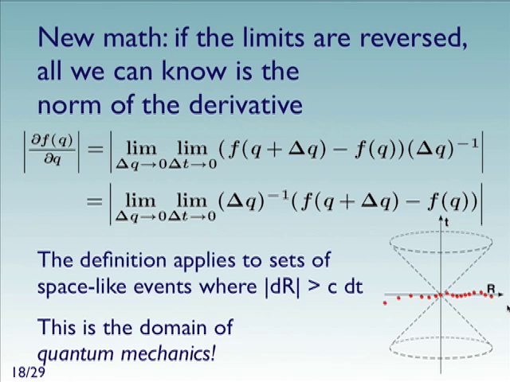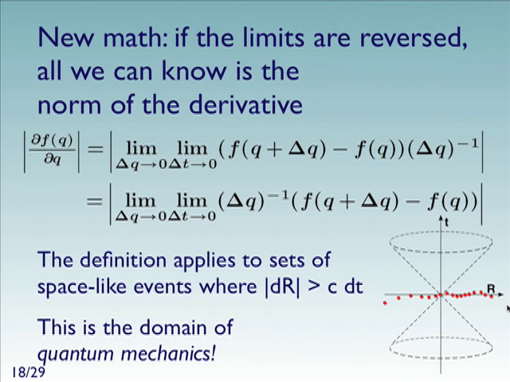Now, this is not a well-known area of math, but there are mathematicians out there who have studied the norms of derivatives. And all I'm saying is that when you use this reverse story of the limits, then you're in this norm of a derivative.